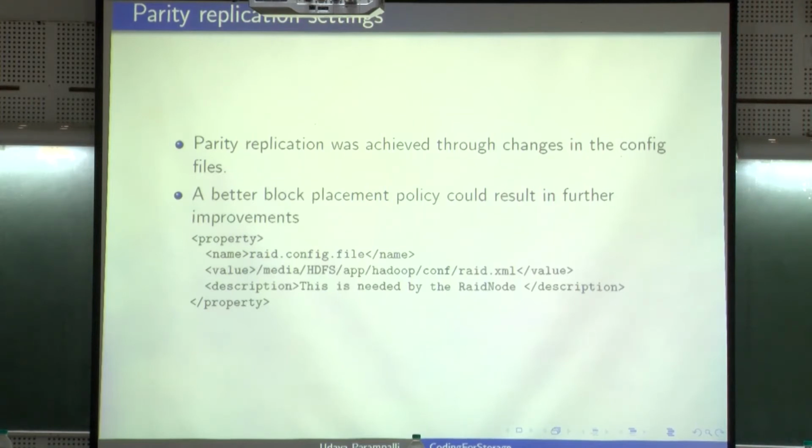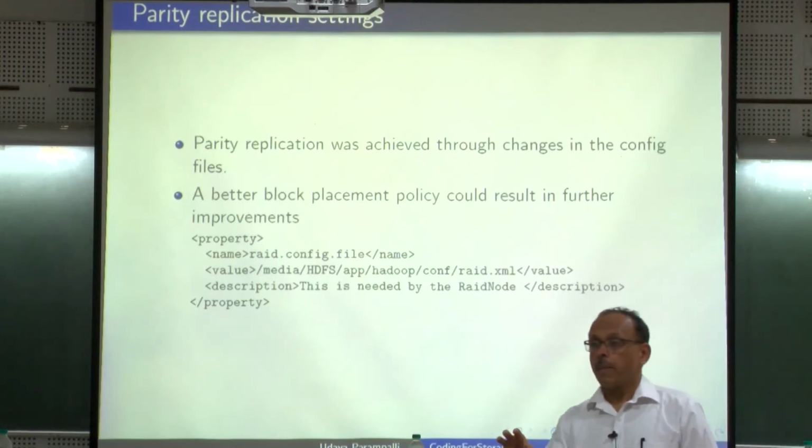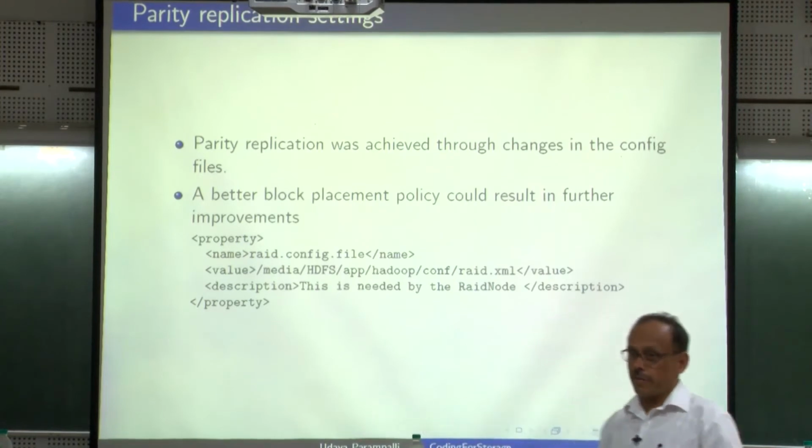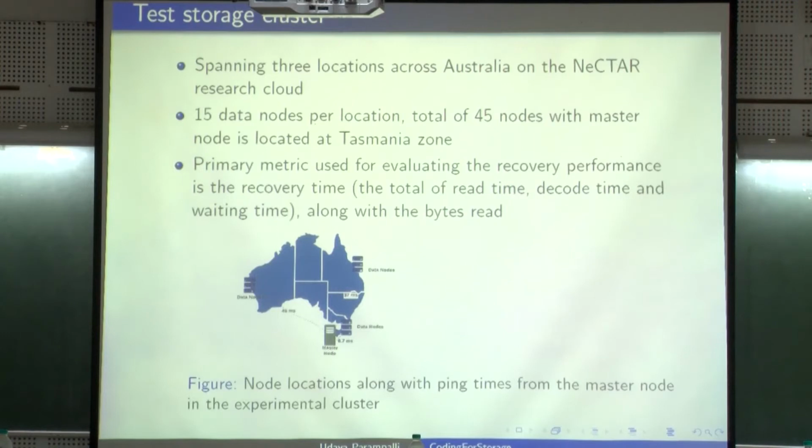A better block placement policy could result in further improvement. At this point we have not taken care of where these block placement policies should be; we just left it aside. That's one of the parity replication strategies.